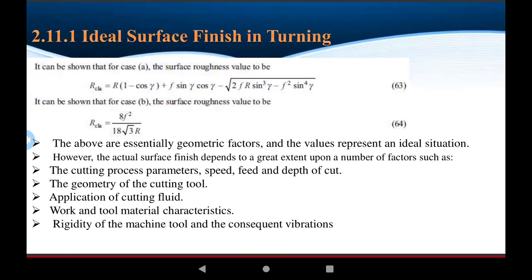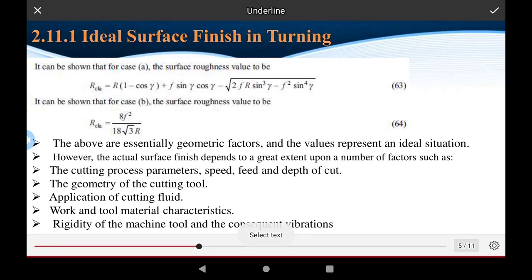It can be shown that the surface roughness value is given by the standard formula R rough equals 8 pi f square upon 18 under root 3R.